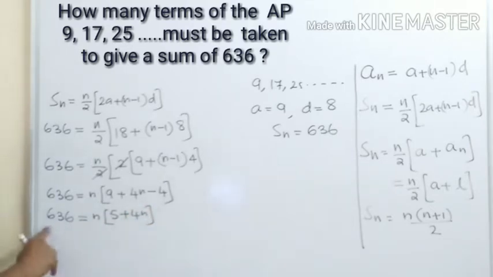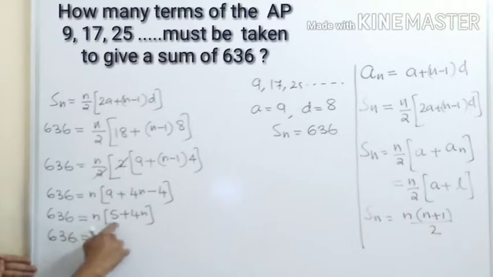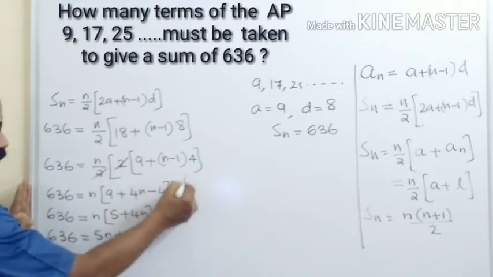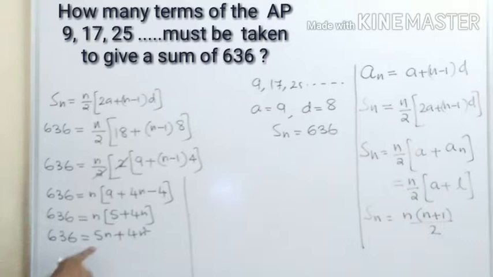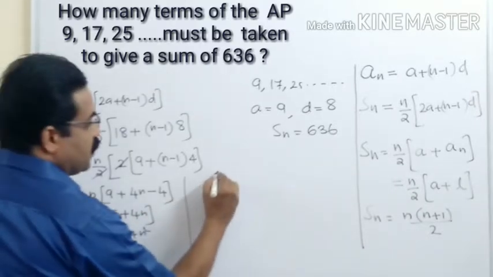When I solve it, I'll get 636 equal to 5n plus n into 4n, that is 4n squared. So now I have a quadratic equation here. What is the quadratic equation? 4n squared plus 5n minus 636.